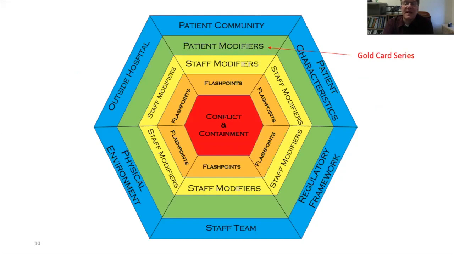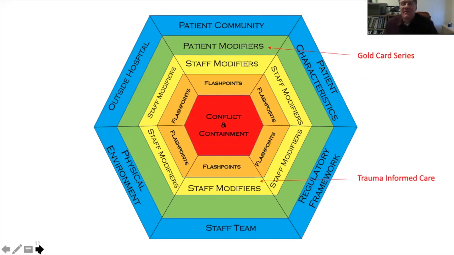So these are things like being mindful, deep breathing, practicing some skills, identifying your thoughts, whether your thoughts are negative, that kind of thing, and a bunch of others. But it's an effort to capitalize on what we understand would be helpful in terms of the Safewards model. So that's the Gold Card series. There are other initiatives which we're going to lay out here.